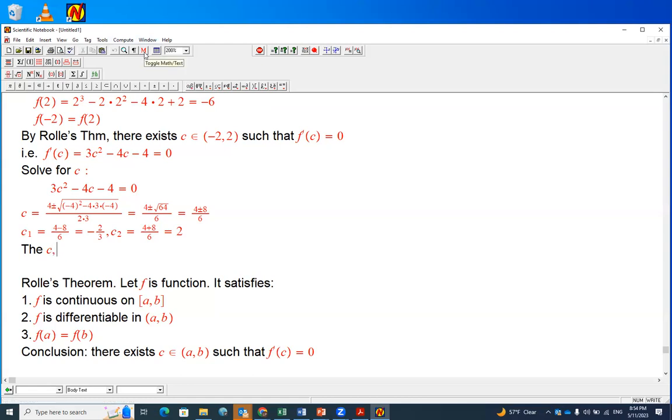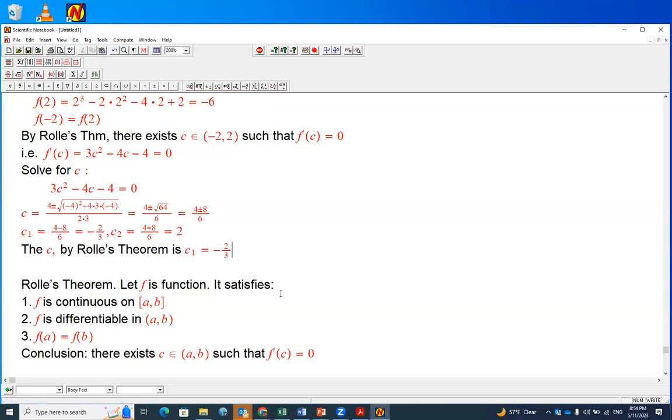According to Rolle's theorem, c1 equals negative 2/3. It's inside the interval between negative 2 and positive 2, and that's the c.